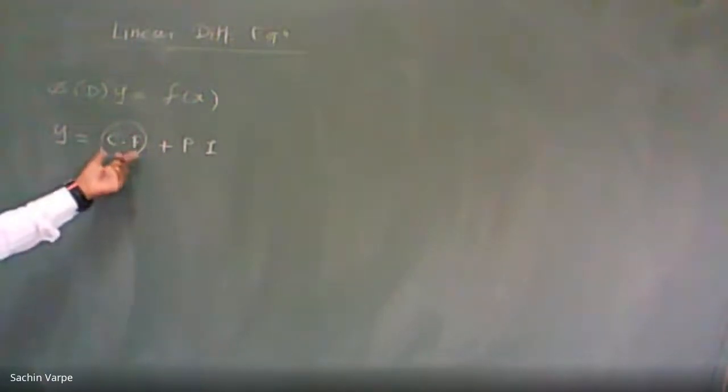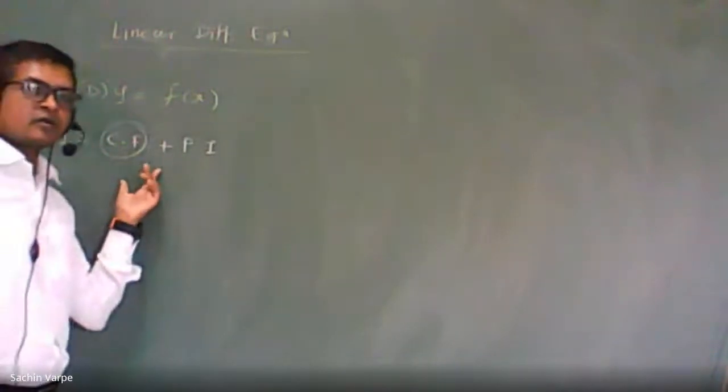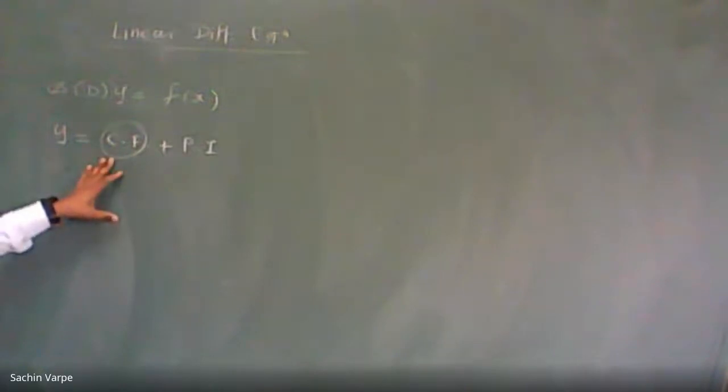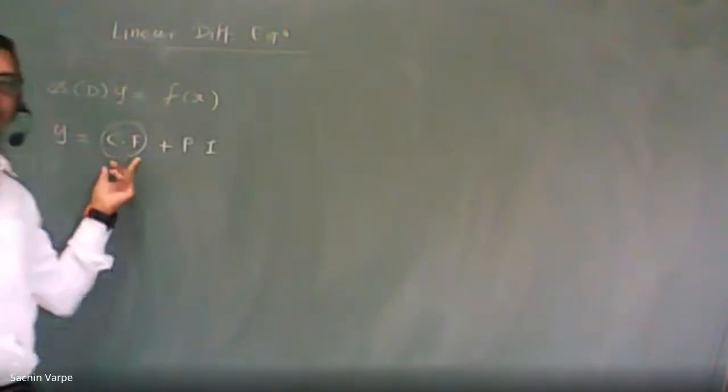Up to the last lecture, we have discussed all the cases of complementary function, and how to get it based on the nature of roots of the auxiliary equation. The roots are real or complex. According to the nature, that is real and distinct, real and repeated, complex and distinct, complex and repeated, we have the formula for complementary function.